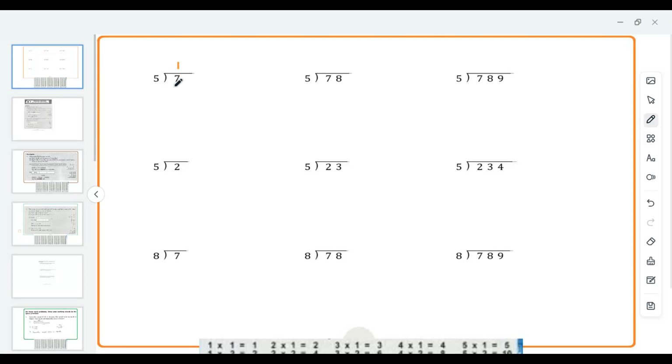So there is 1. 1 5 equals 5. And 7 take away 5 equals 2. So the 2 is too small for the 5. We call this is remainder. The remainder is 2. We can't divide them anymore.